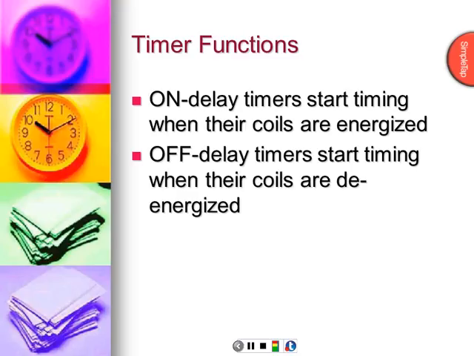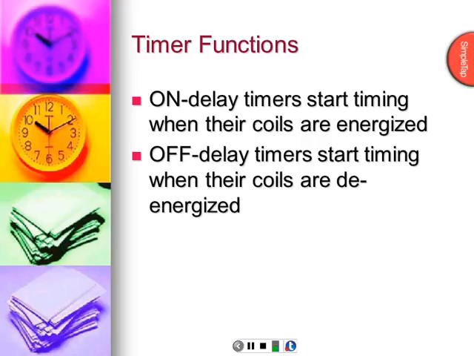So I have a timer that counts off a certain length of time from the time it turns on the heater to warm up the oil before I will allow my motor to turn on. So that's an on delay timer. The motor won't come on until the timer has had enough time to warm the oil. Y'all okay with that? Yes, no? Okay.